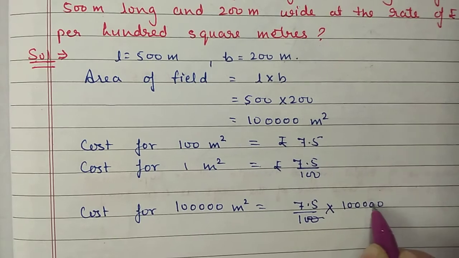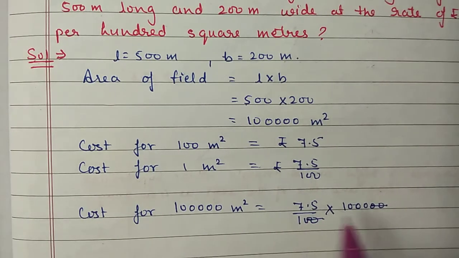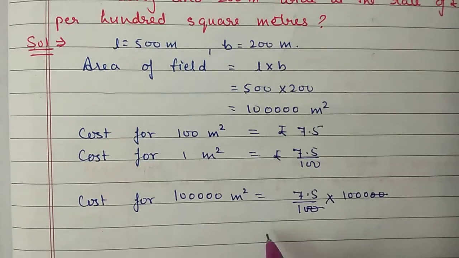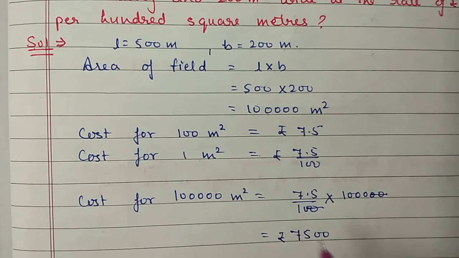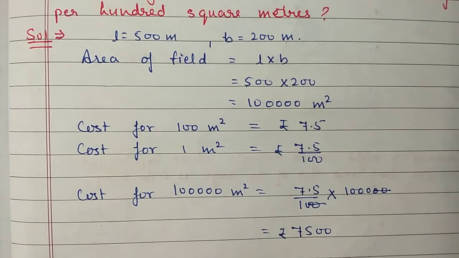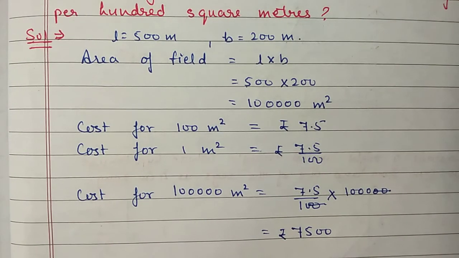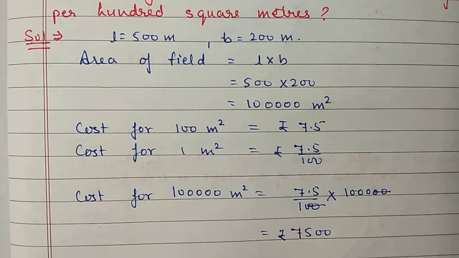So 2 zeros will cancel out, and 7.5 you have to multiply with 1000. So you will get here 7500. 7500 rupees is the cost for tiling 1 lakh meter square area.